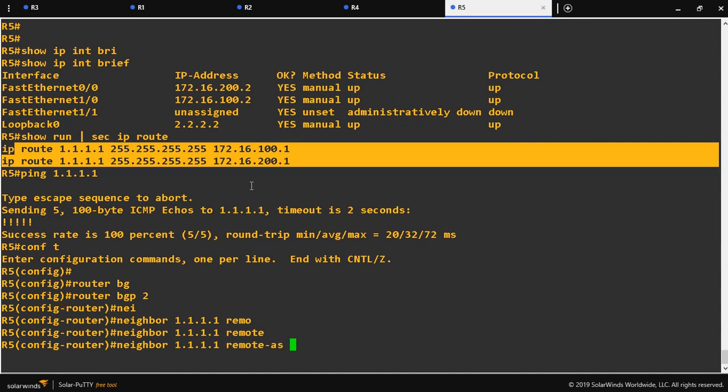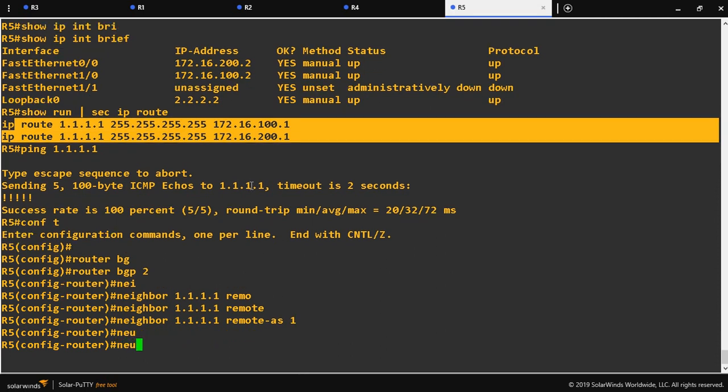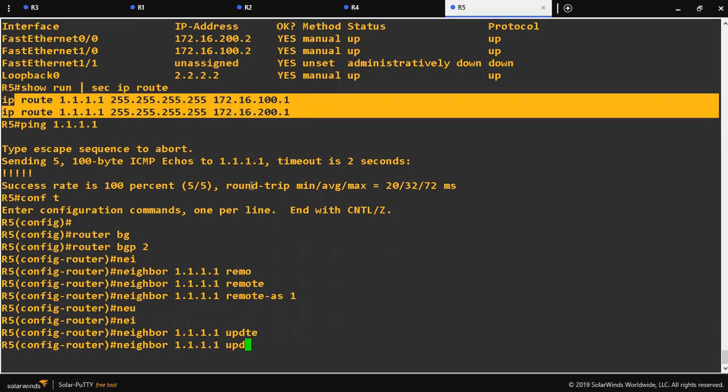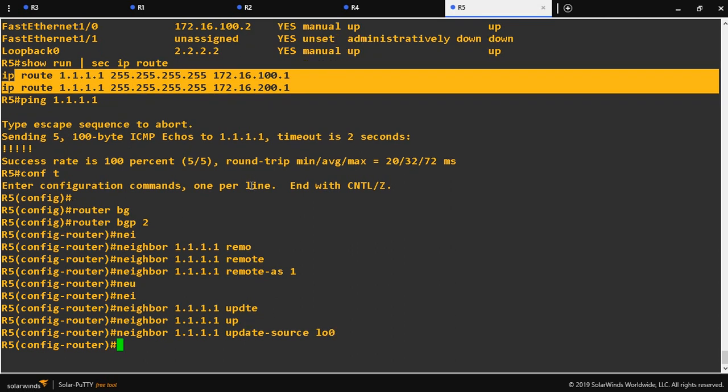So the peering autonomous system number is 1 and neighbor 1.1.1.1 update-source loopback 0. So on the R5 router also we are saying take my loopback IP address as the source IP, because on the R4 router I configured the R5 router loopback. So that's why we have to mention update-source loopback 0.